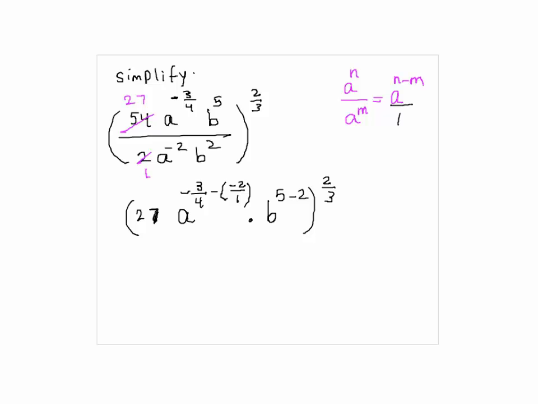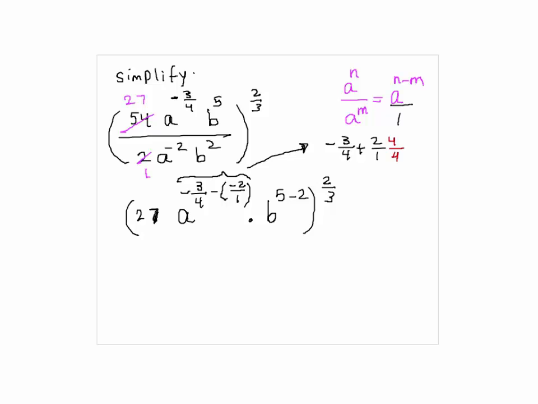What is minus 3/4 minus 2 over 1? Anyone? What is that equal to? This would be like minus 3/4 minus 2 over 1, and the LCD is 4. So we multiply this by 4 over 4.